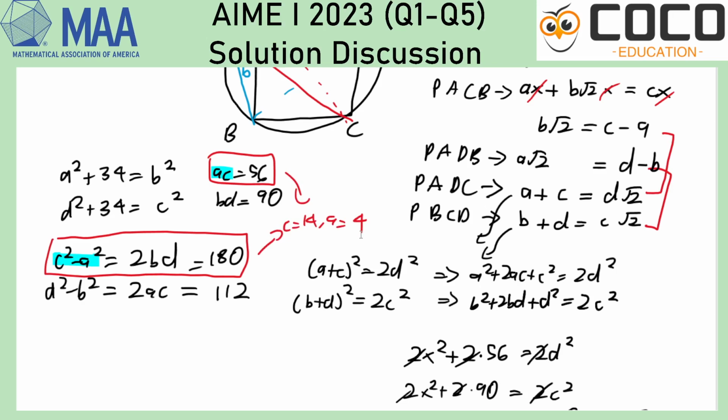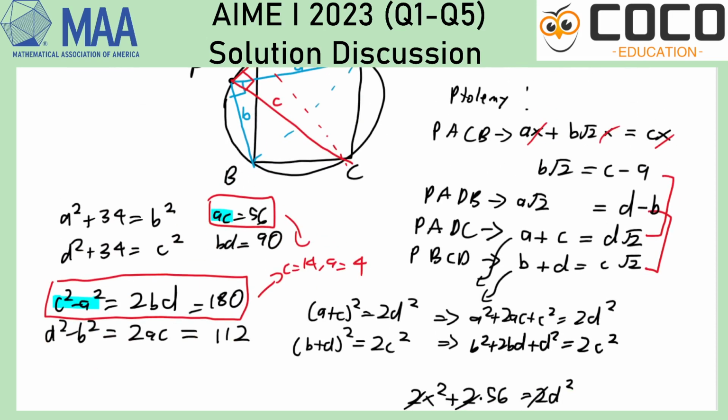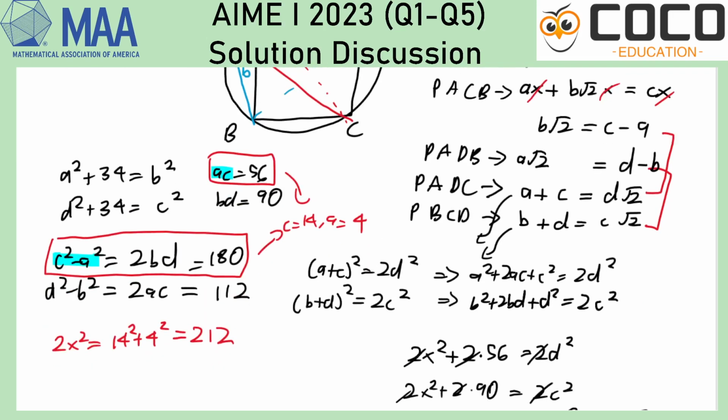Yeah, that seems to work. So if C is 14 and A is 4, then that allows me to get my 2x squared equals 14 squared plus 4 squared, which is equal to 212. And so my answer is 106.